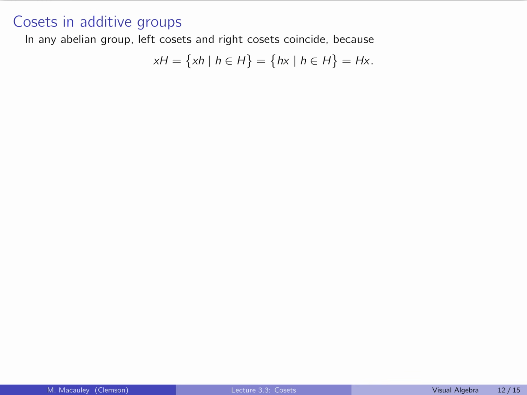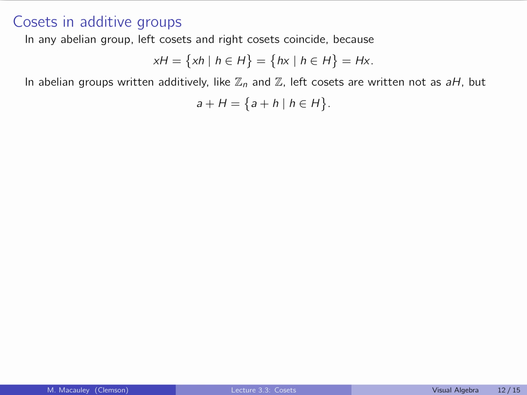And by definition, this set is the right coset Hx. So, in other words, xh equals hx implies that xH equals Hx, but the converse does not hold. So if elements commute, then the cosets commute.